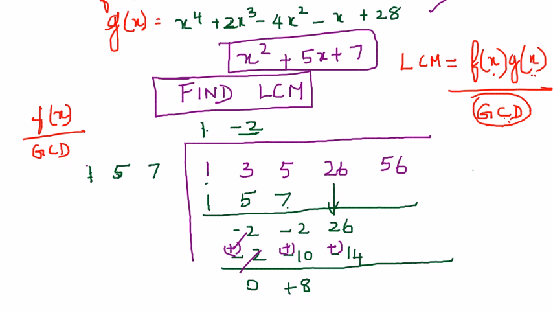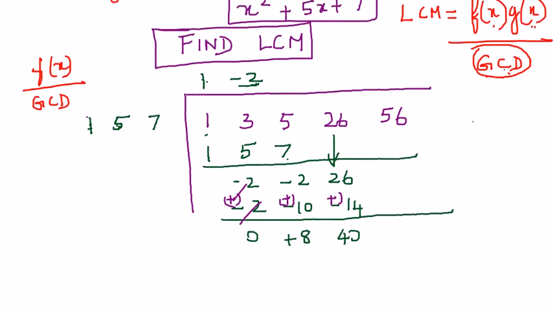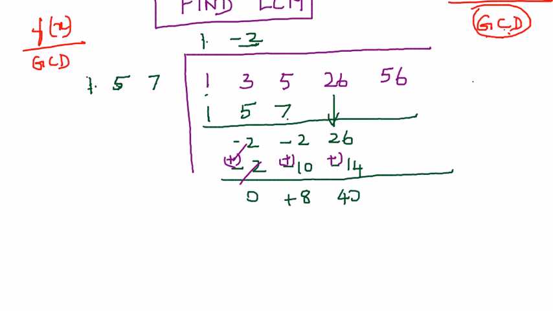And 26 plus 14 is 40. Plus 40. Good. So 1 into what will give me 8? Obviously 1 into 8 will give me 8. So multiply 1, 5, 7 with 8. 1 into 8 is 8. 5 into 8 is 40.